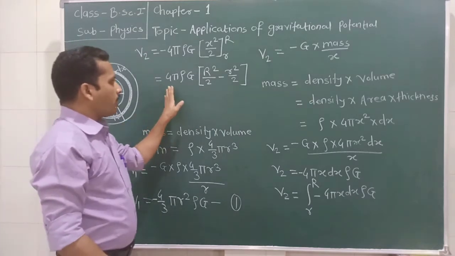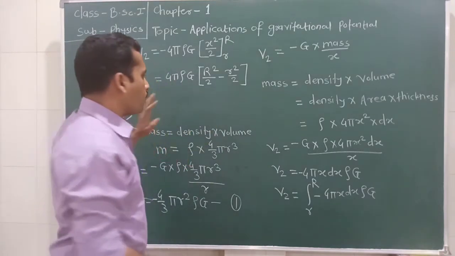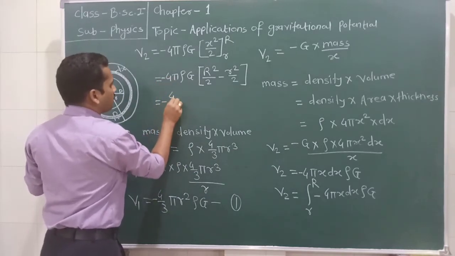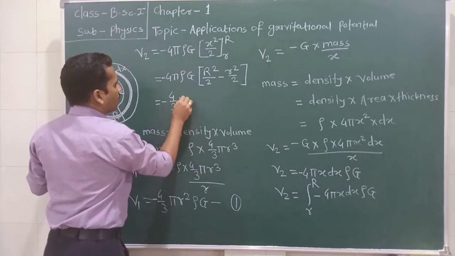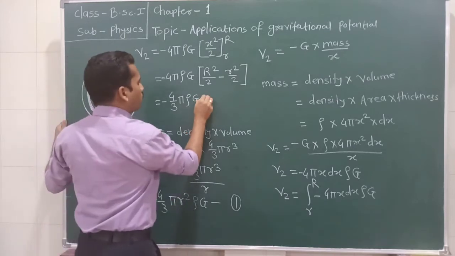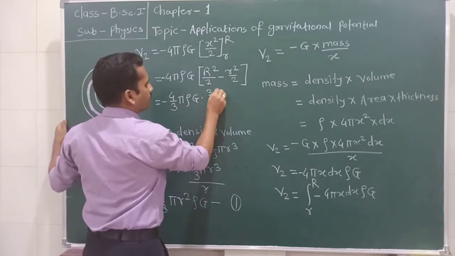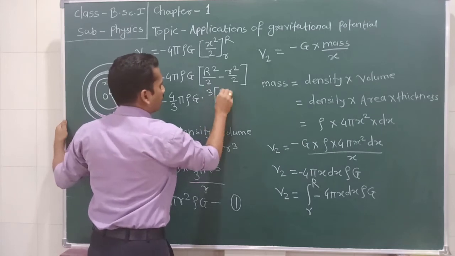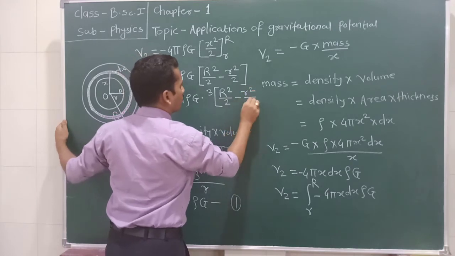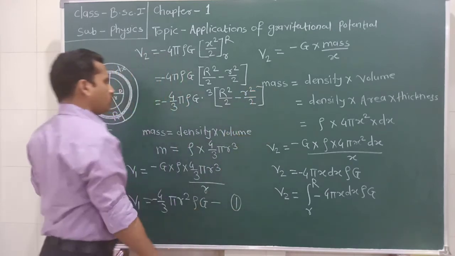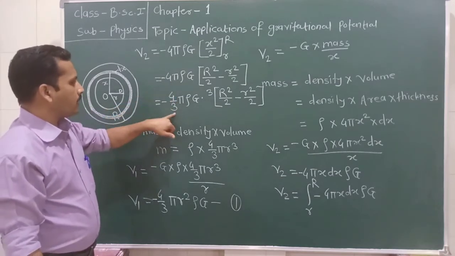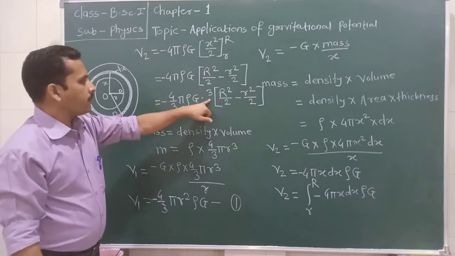Now we are going to rearrange this equation like this. This is minus 4 by 3 pi rho g into 3 R square divided by 2 minus small r square divided by 2. We rearrange here: if we divide by 4 by 3, then there must be a multiplication by 3.